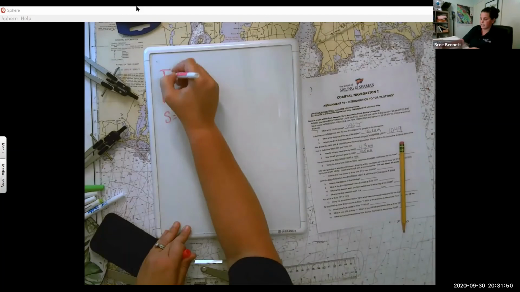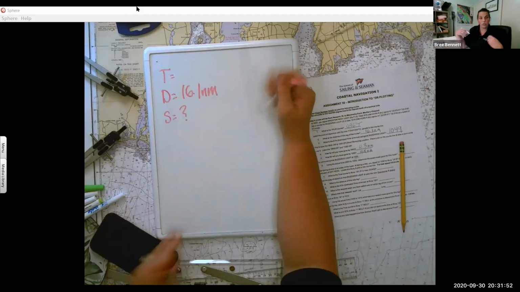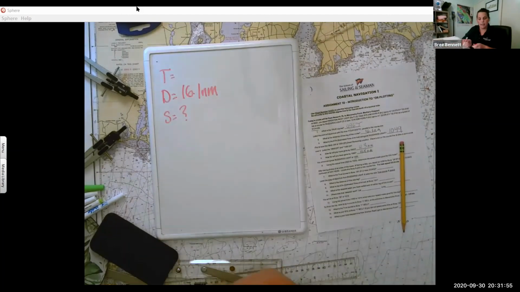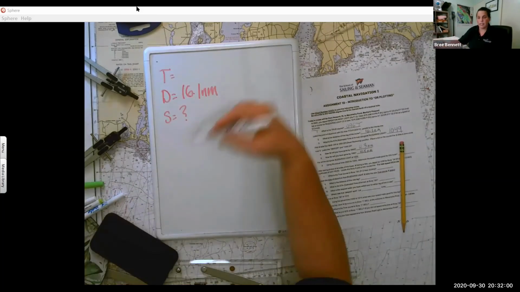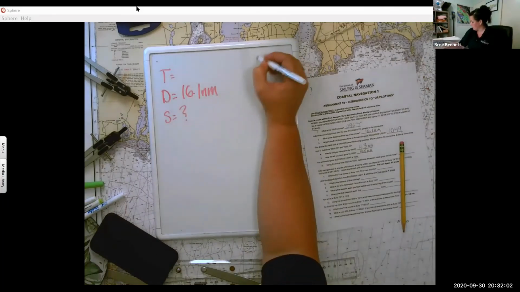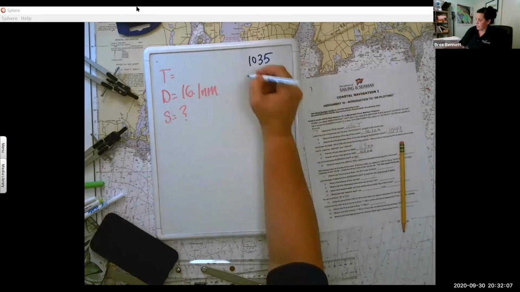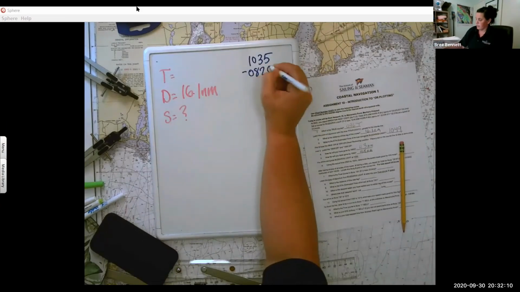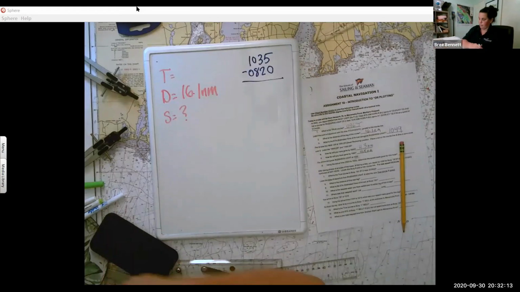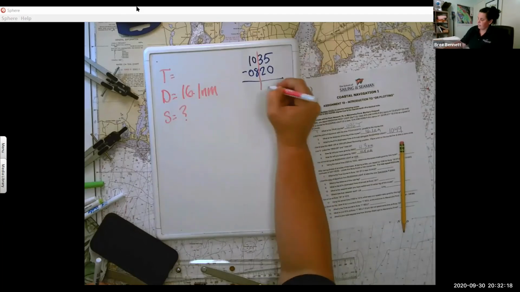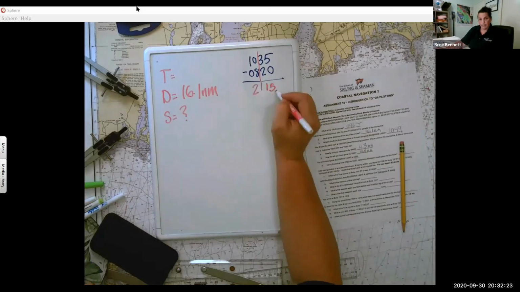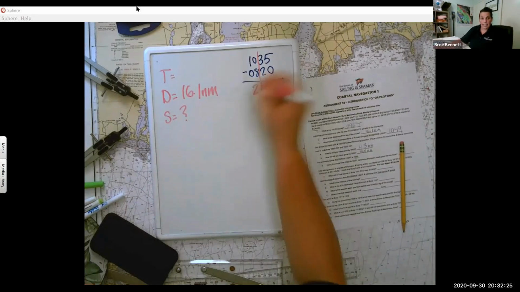To calculate time, I need to get the difference between my arrival time and my departure time. So we always put the later time on top. That's going to be that arrival. So we got there at 10:35. We departed at 08:20. What is our time? We always start with the minutes. We have 15 minutes left there. And then we have 2 hours and 15 minutes. So we want to convert that into minutes.